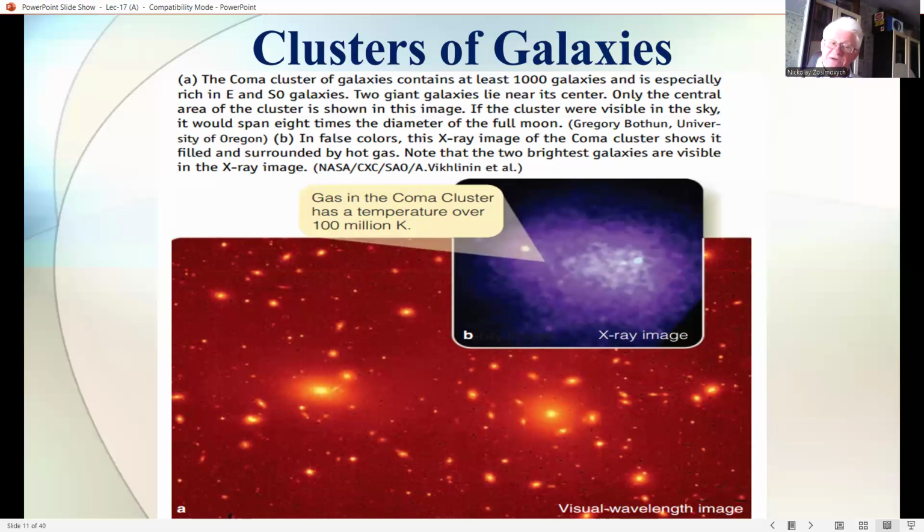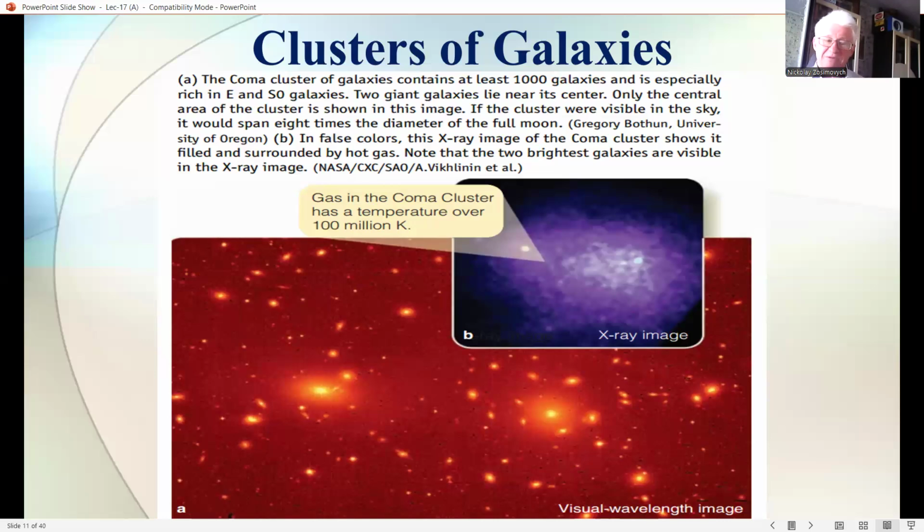Such a cluster is very crowded, with the galaxies more concentrated towards the center. Rich clusters often contain one or more giant elliptical galaxies at their center. The Coma cluster, located in the constellation Coma Berenices, is an example of a rich cluster.